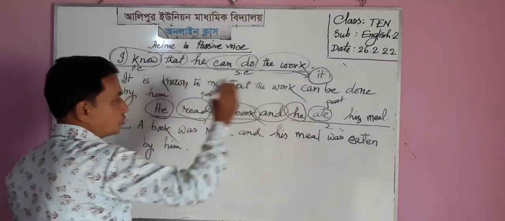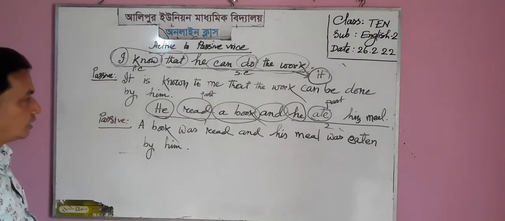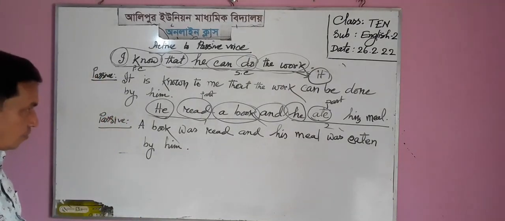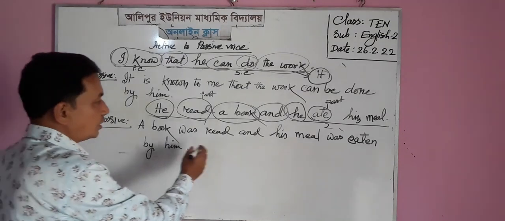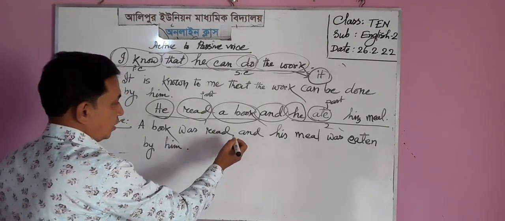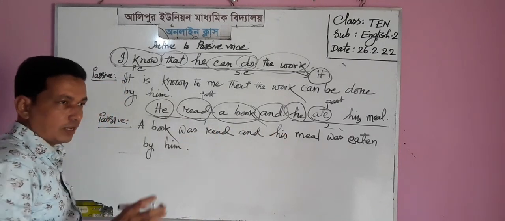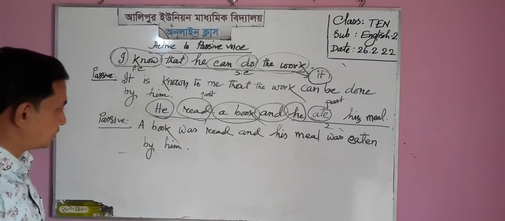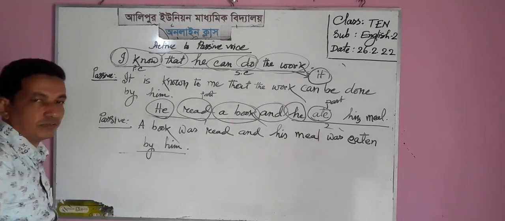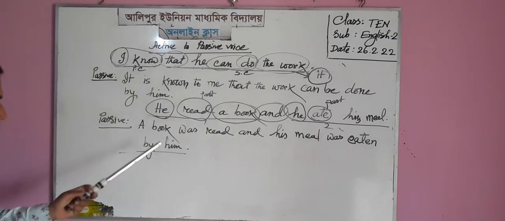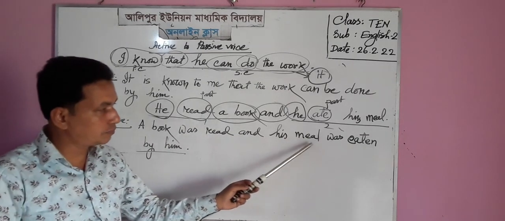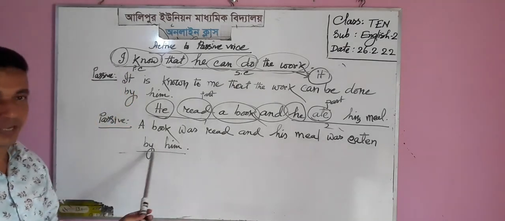So these two he are the same subject, and we need not write by him in both clauses. At the last portion of the sentence, we may use by plus object. So a book was read and his meal was eaten by him.